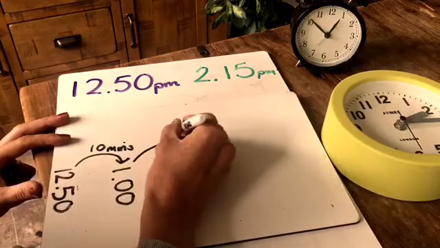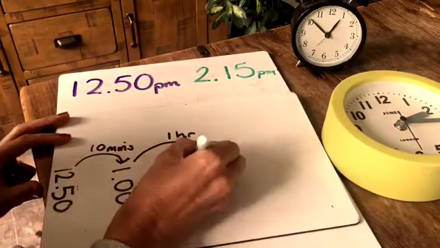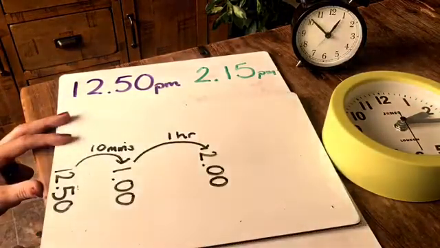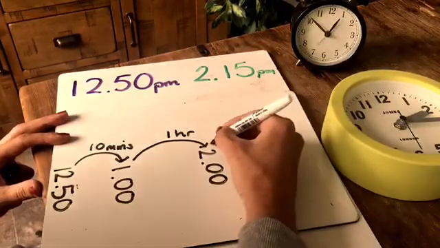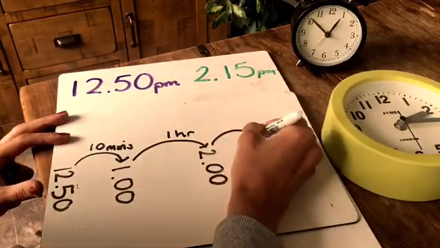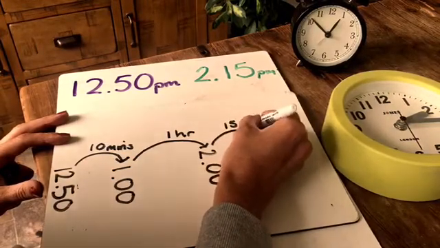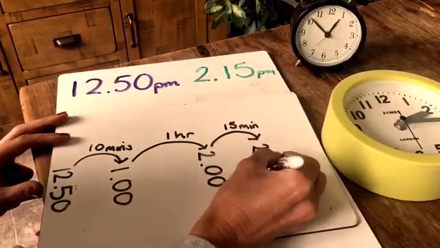So I'm going to write 1 HR, which stands for 1 hour. And that would take me to 2 o'clock. Okay, so I'm nearly there. All I need to do now is add another 15 minutes. So I'll do another jump. And I'm going to jot down 15 min for 15 minutes, and that's taken me to 2:15 p.m.